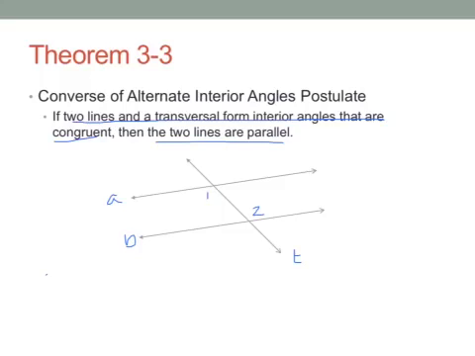If we know that angle 1 is congruent to angle 2, and we've got these two lines and a transversal, then we know that A is parallel to B. We'll prove that these converses are true, which gives us a true biconditional in the alternate interior angle scenario. So this is a second way to show that lines are parallel.